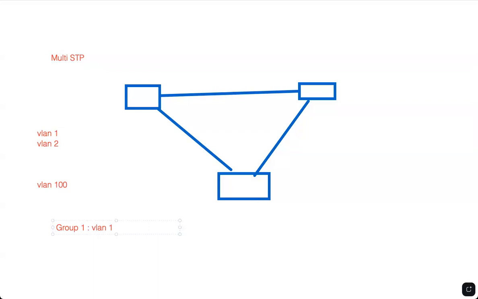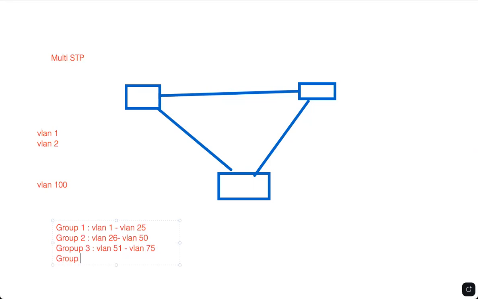Group 1, VLAN 1 to VLAN, let's say, 25. Group 2, VLAN 26 to VLAN 50. Group 3, VLAN 51 to VLAN 75.